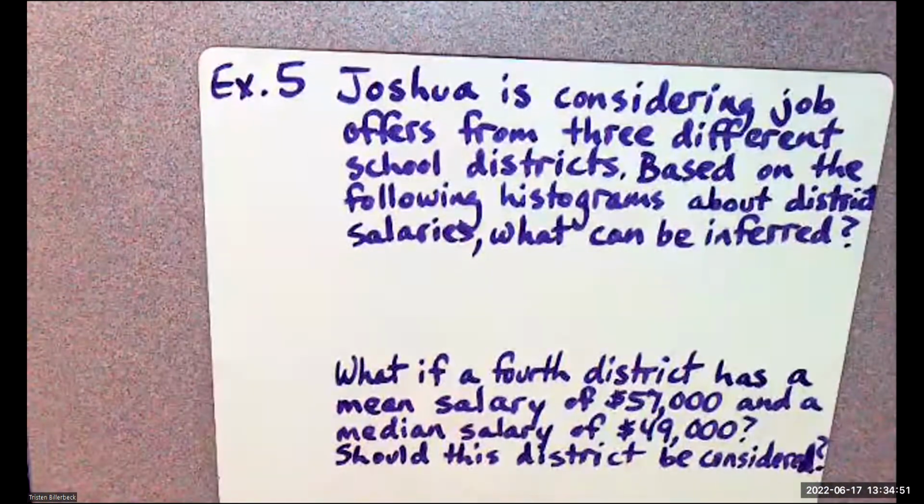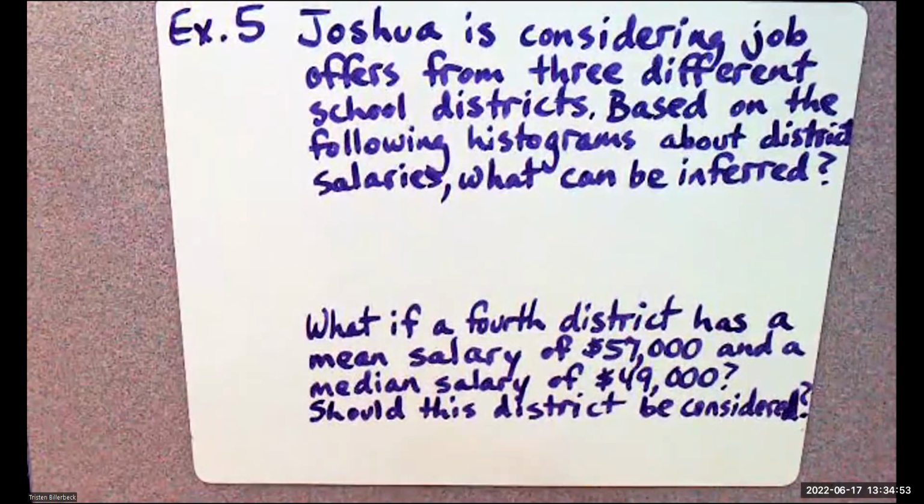All right, our last example is something we should all know how to do, which is to look at different statistics for the districts in which we're thinking about working, or companies. So Joshua is considering job offers from 3 different school districts based on the following histograms about the district salaries.